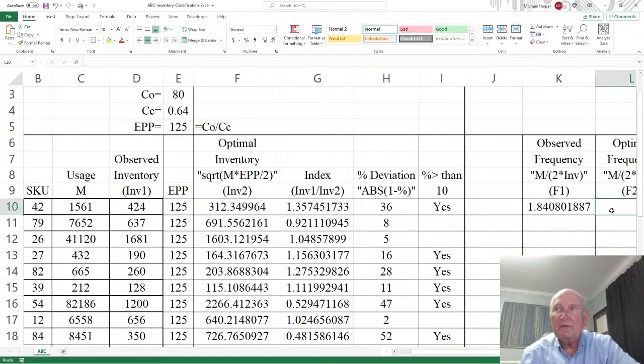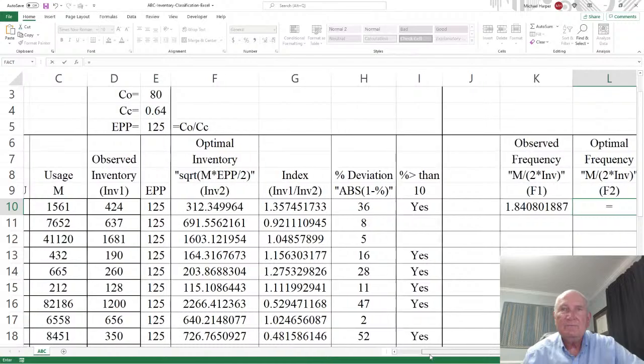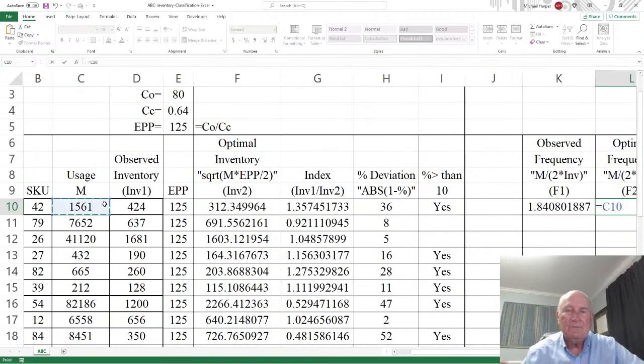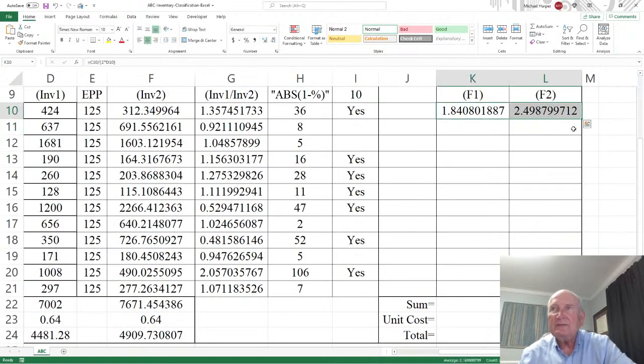Okay, and then my optimal inventory equals my usage again, which is that, divided by 2 times my optimal inventory, which is that. And there they are. And then I copy these down.